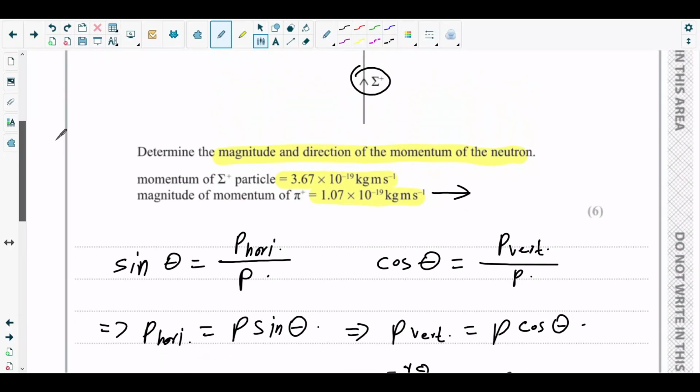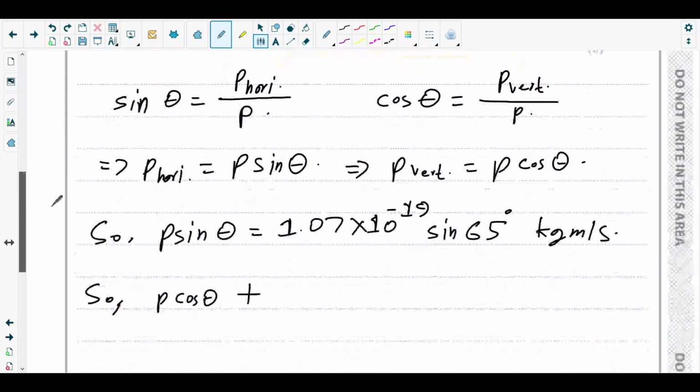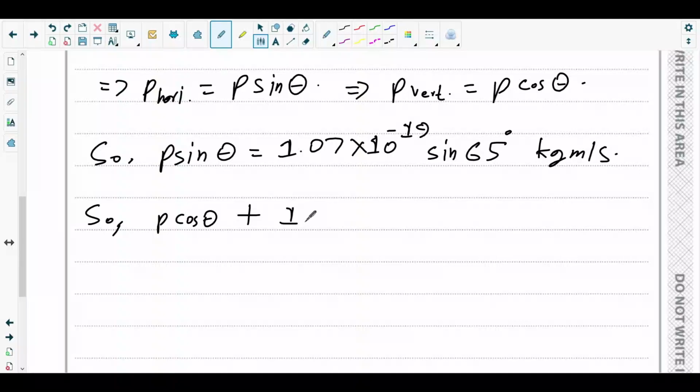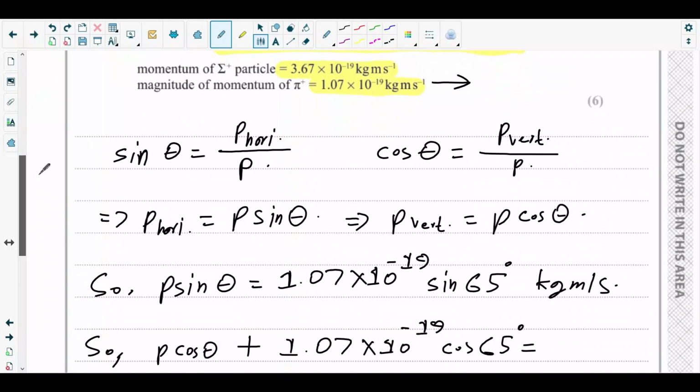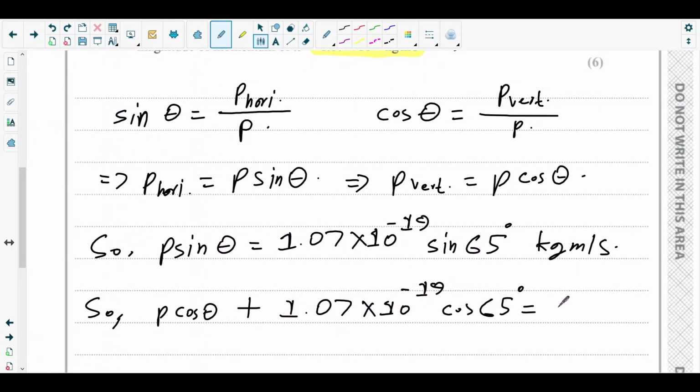This equals the momentum of the omega plus particle before the decay, 3.67 times 10 to the power negative 19 kg m/s.